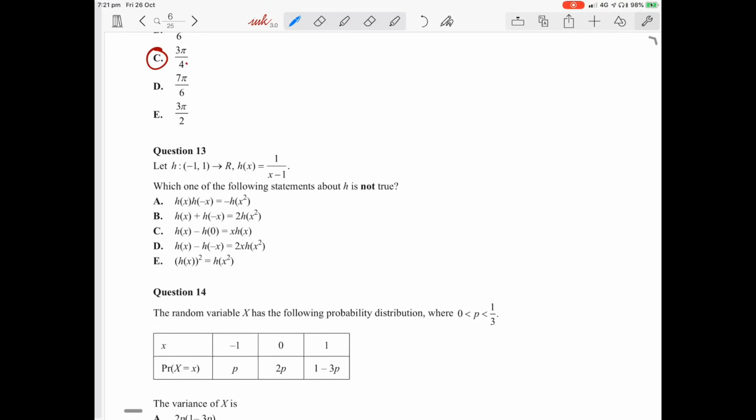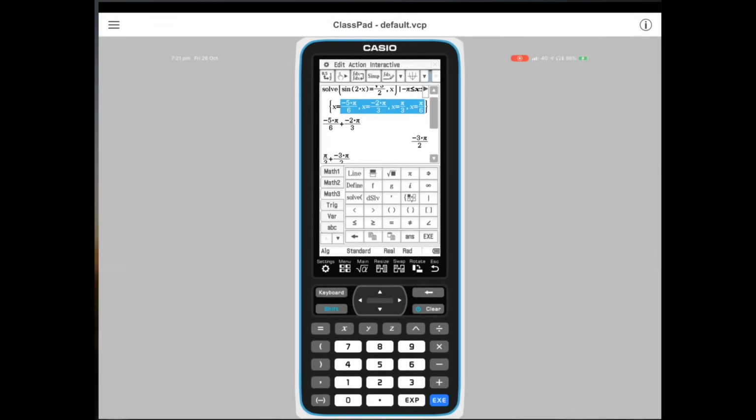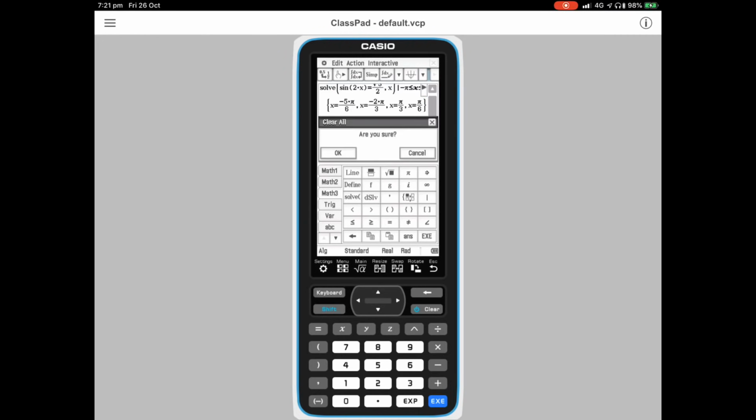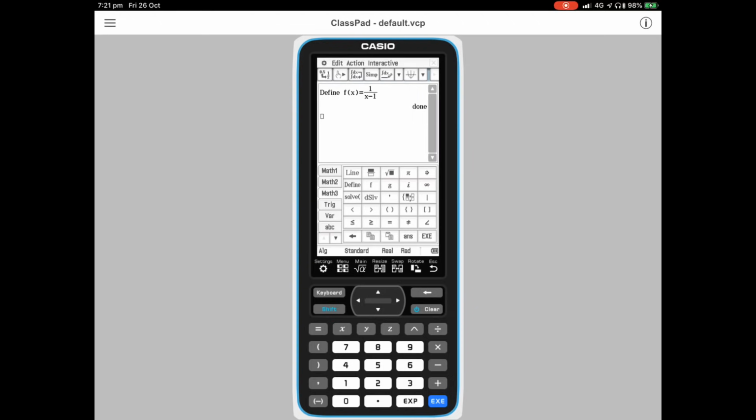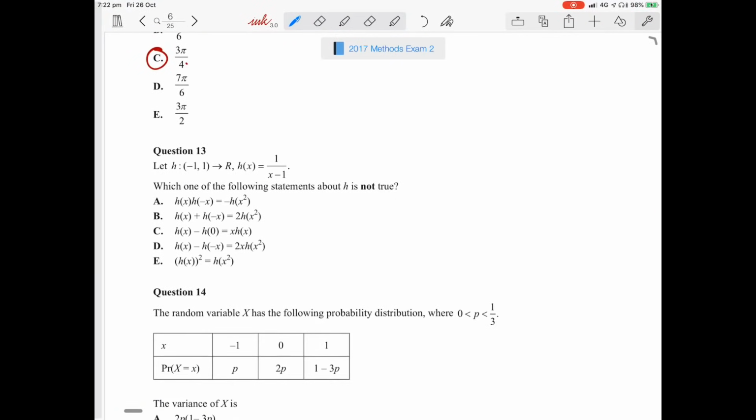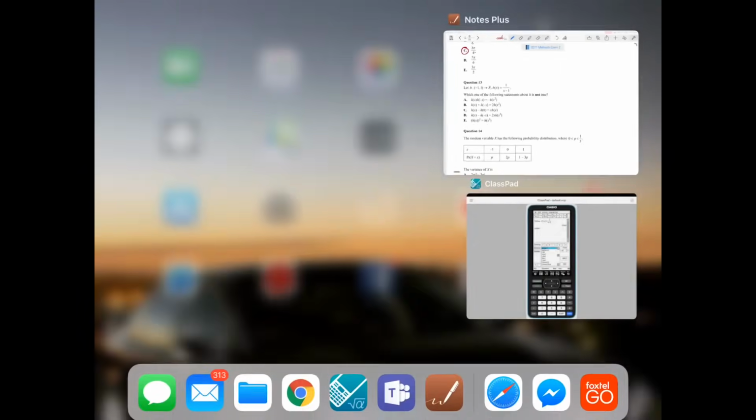Okay, -1 to 1, 1 on is not true. Okay, so I'm going to define one on x minus 1, define it as f of x, and then we want to, on this calculator, judge h of x times h of negative x.